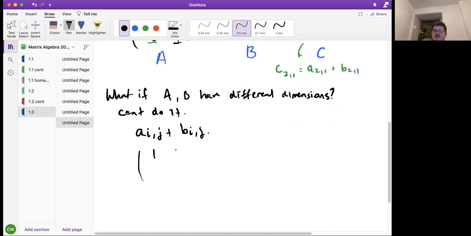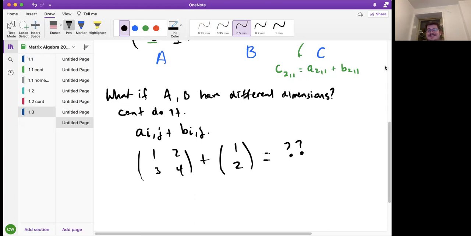Let's just do an example. 1, 2, 3, 4. You just can't, yeah. So we're defining matrix addition only on matrices of the same dimension. There would be entries here, like no matter what dimension you make up, there's going to be a position that is not accounted for or missing.